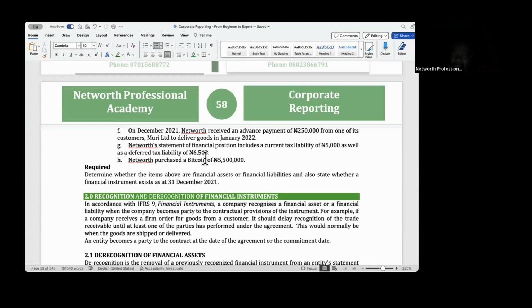I'm looking at IAS 7. IAS 7 said that cash is a medium of exchange that is generally acceptable. Bitcoin is not generally acceptable, though some people accept it. So it is not cash. And cash, according to IAS 7 again, is an item that has an insignificant risk of changes in value.